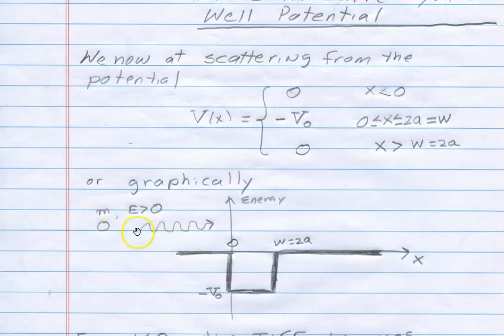That's our incident quantum mechanical wave that's incident on it. Then we want to see what happens and essentially solve this problem. In addition, I'm going to assume that I know what V naught is. That's the depth of the well, and V naught is a positive number, and I explicitly have the negative sign here.